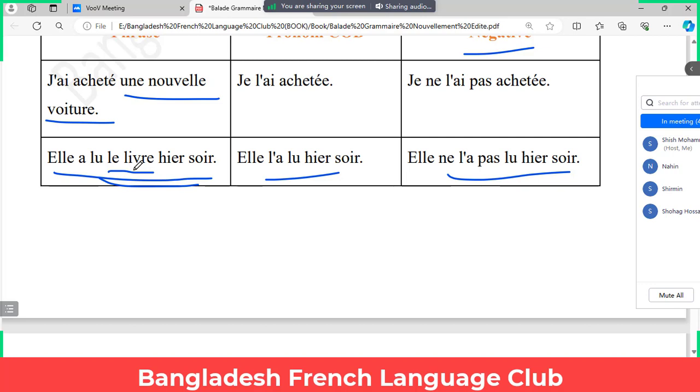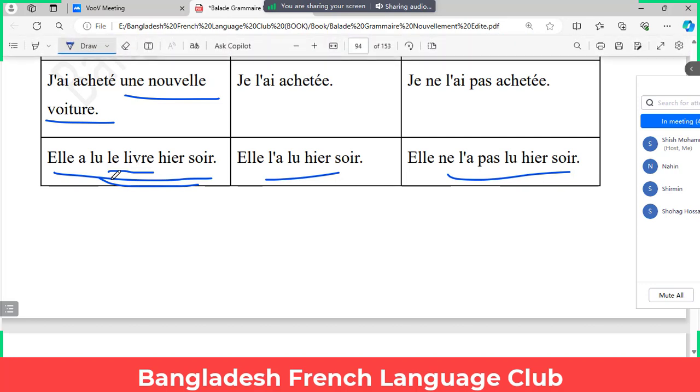Is there any word between the verb and the object? Yes, a preposition. If there is no preposition, then it is direct. It's a direct object, right?